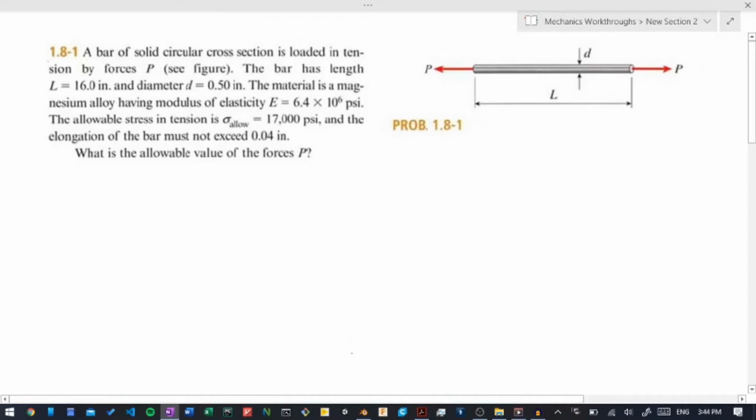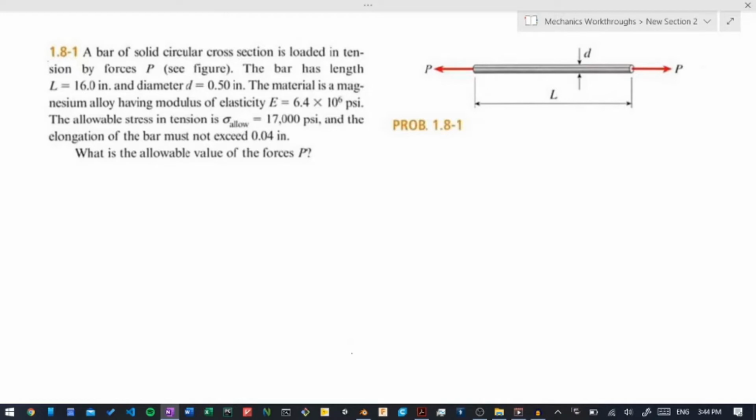So we are trying to find P, shown here by the red arrows on either end of the bar. And we need to find P such that it doesn't stretch the bar longer than 0.04 inches and that it doesn't cause an internal tensile stress greater than sigma allow.